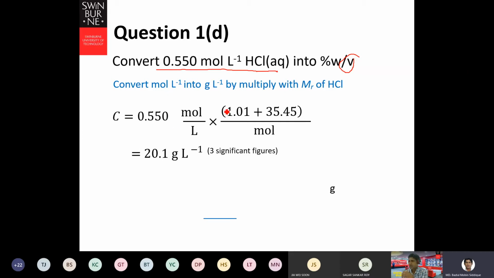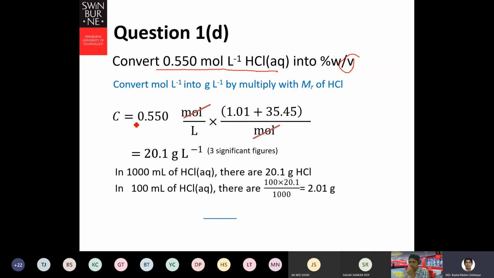We multiply it with the molecular weight, so that we find the gram of HCl. The water is already 1 liter in liquid form, so I don't need to convert anything.